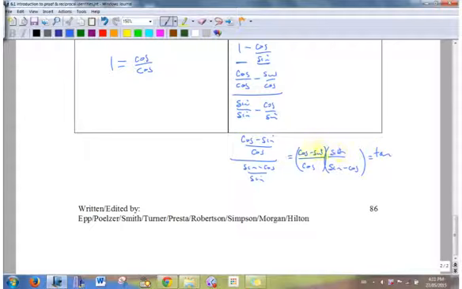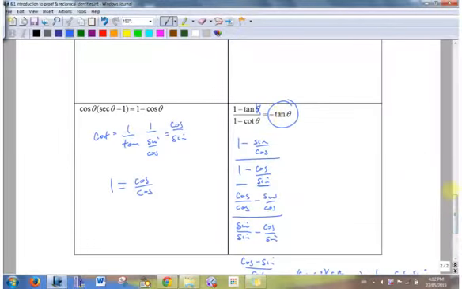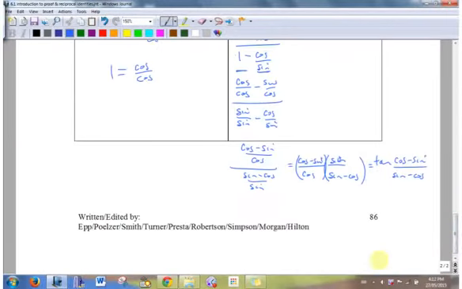So I've got tangent times cosine minus sine over sine minus cosine. So there's my tangent. Now how do I get a negative? What can I do with this?